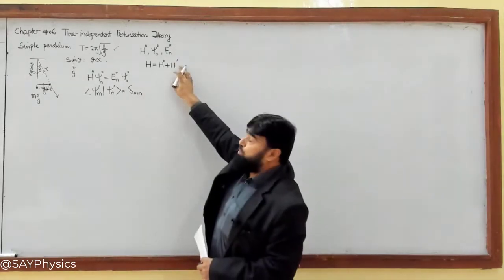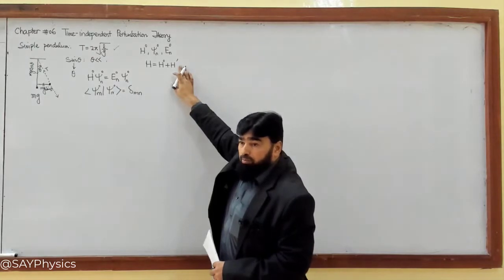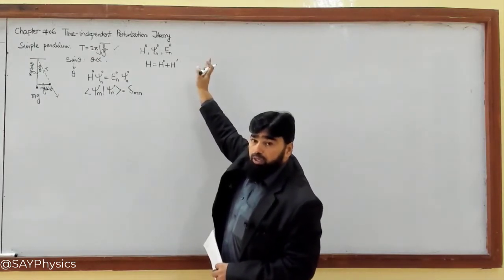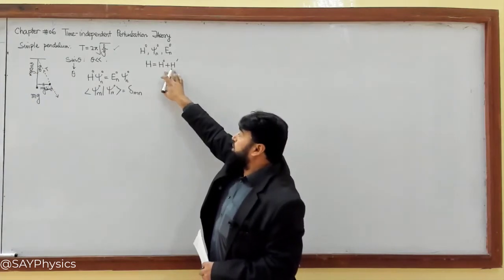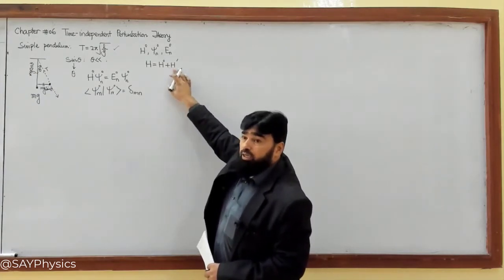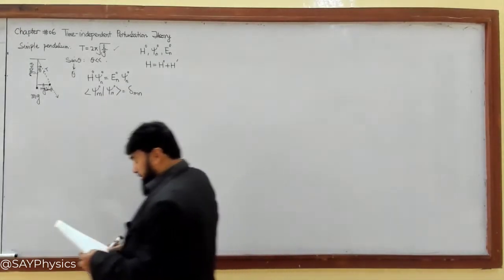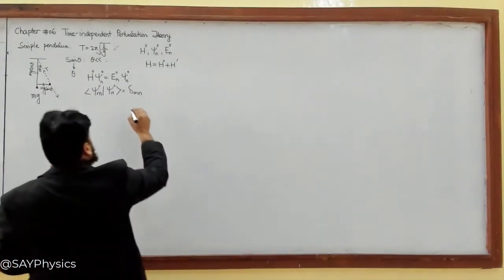I will write H prime here. H prime means I can write H1, H2, H3, but as we don't have that much perturbation, I just write it as H1. What about our wave function?